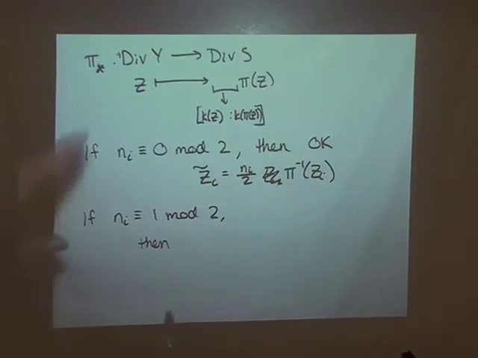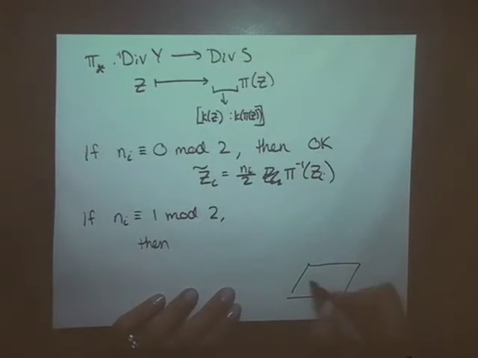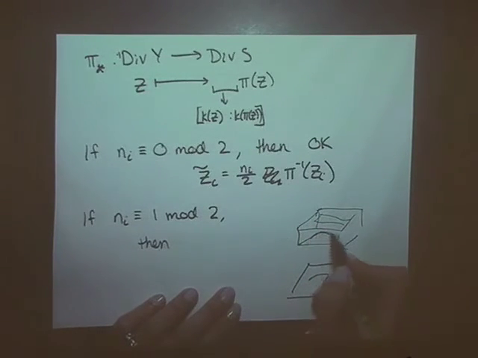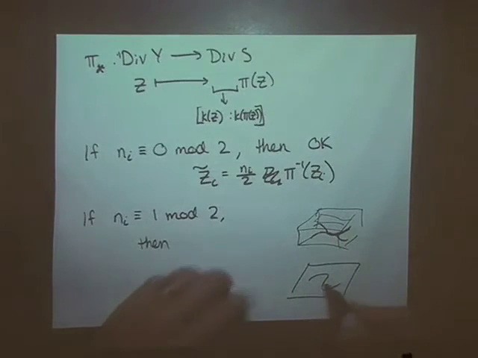Then I need a curve which maps 1 to 1 onto its image. So I have my curve Z inside of here, and this is my double cover inside of here. What I want is that the curve above this splits into 2 components, so that one of the components maps 1 to 1.